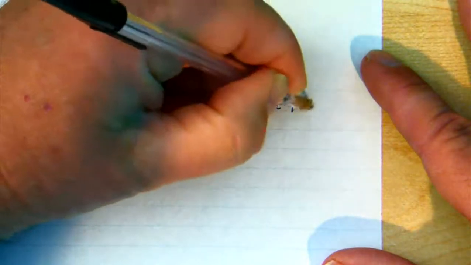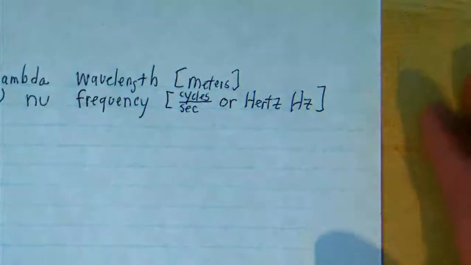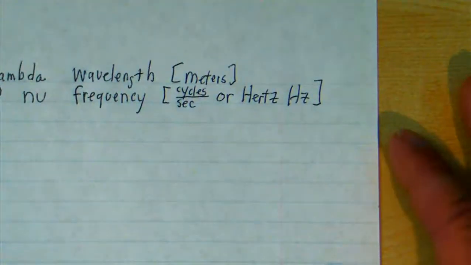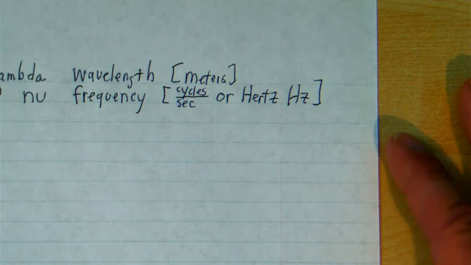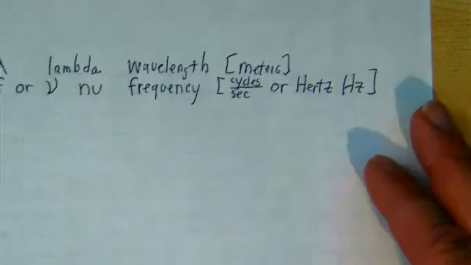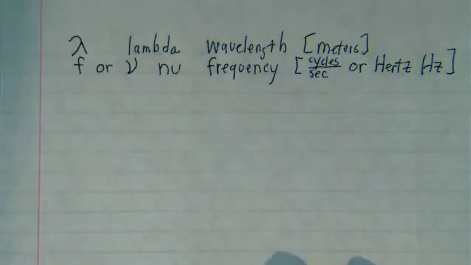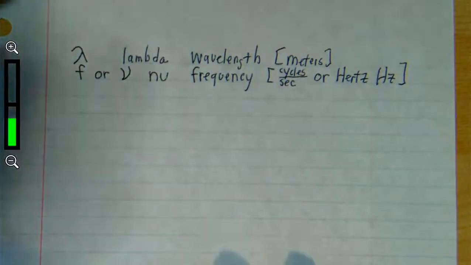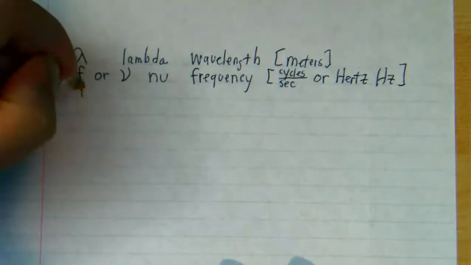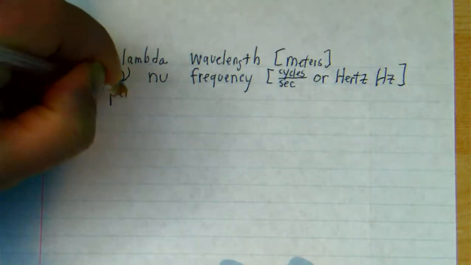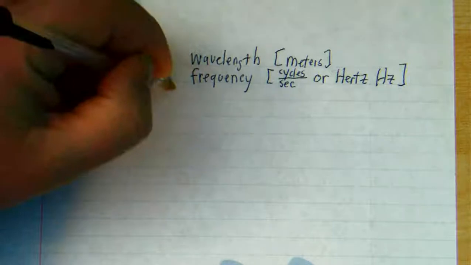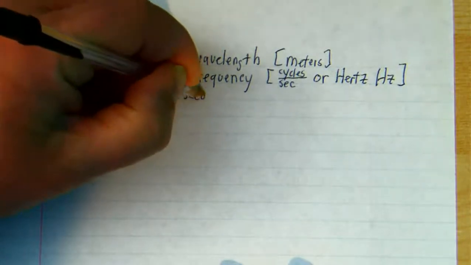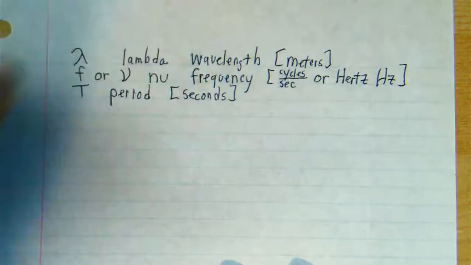So we just use Hz as an abbreviation for the unit of frequency, the Hertz. There is a relationship between frequency and period. So capital T is the period of oscillation. And of course, those units would be seconds.